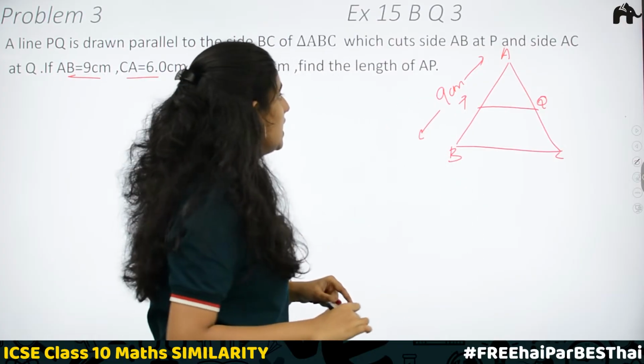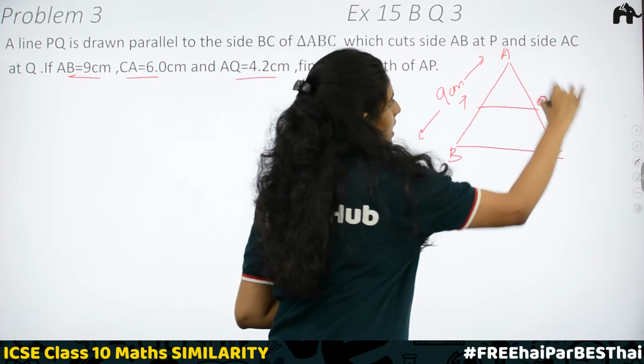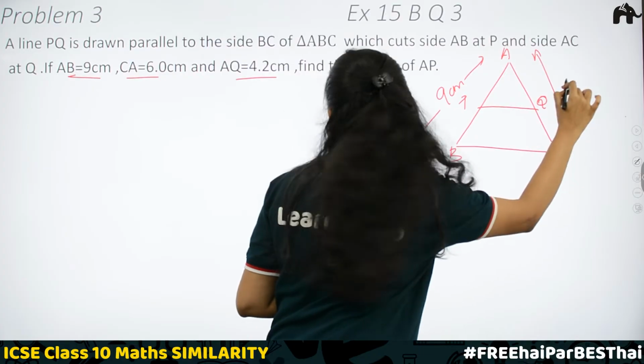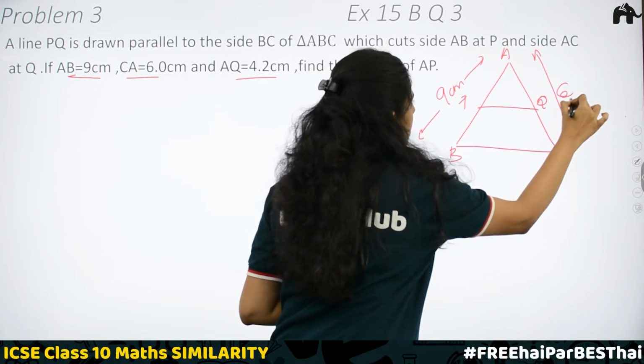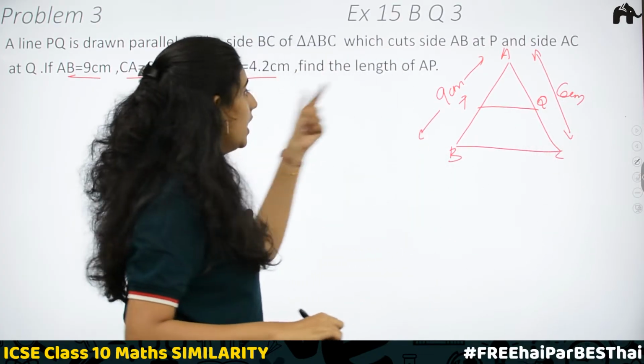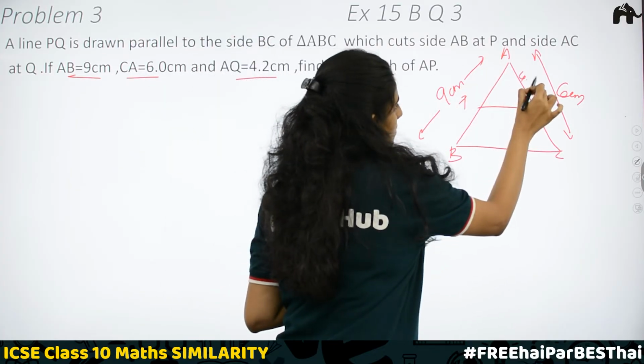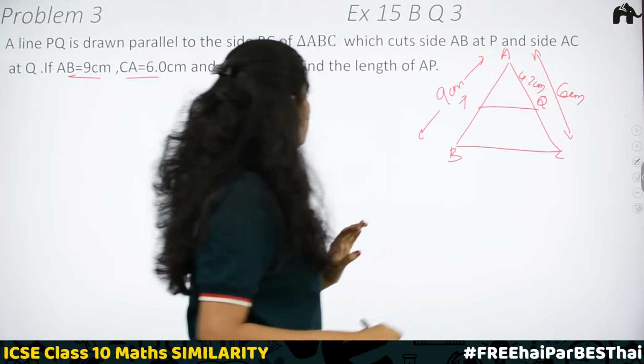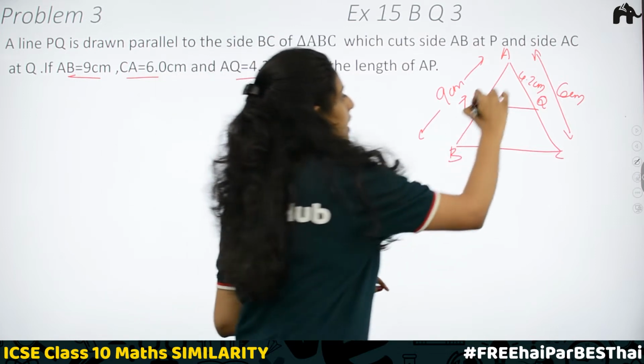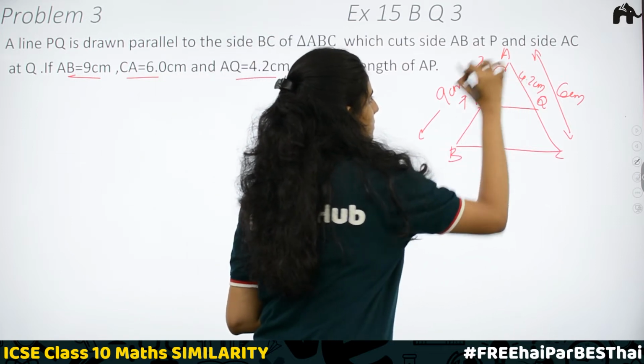Then CA is this total length which is given, that is 6 centimeter. Also the length of AQ, the small length, is given, which is 4.2 centimeter. We need to find the length of AP. AP is this part.